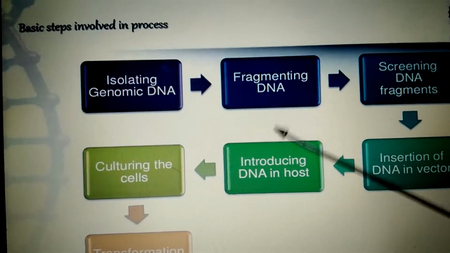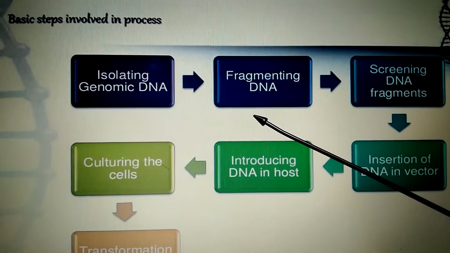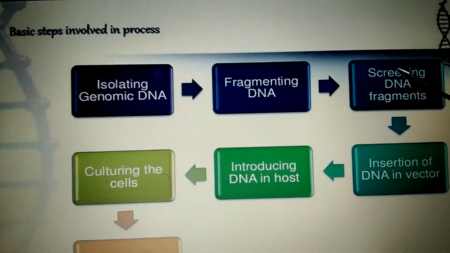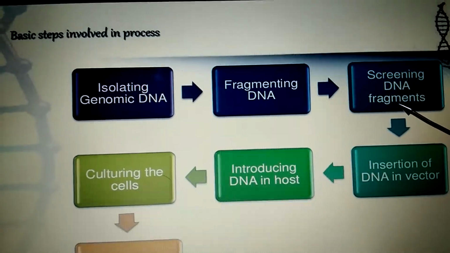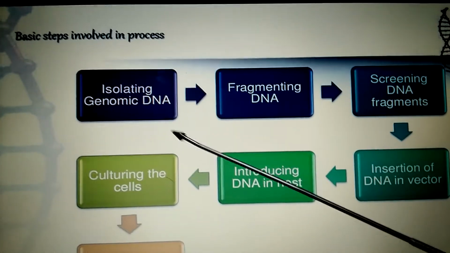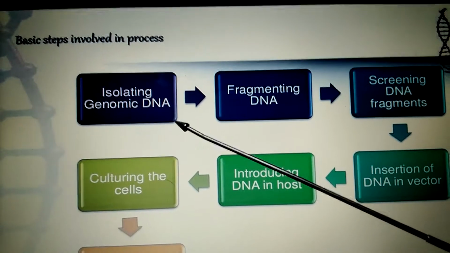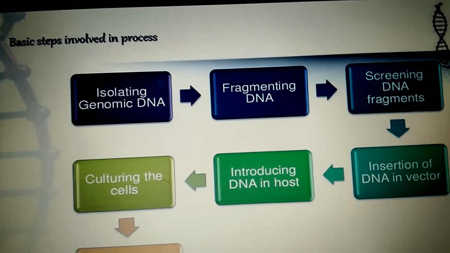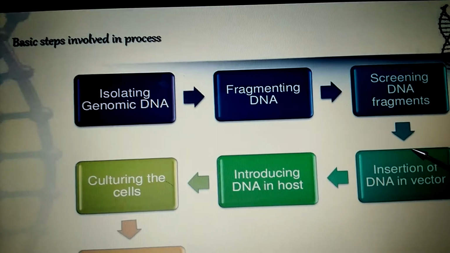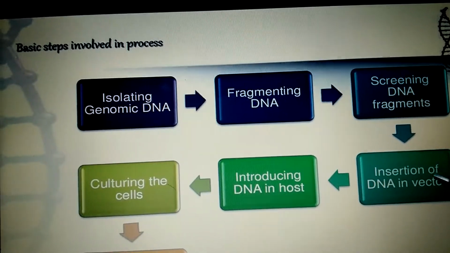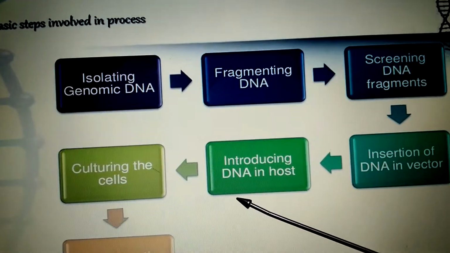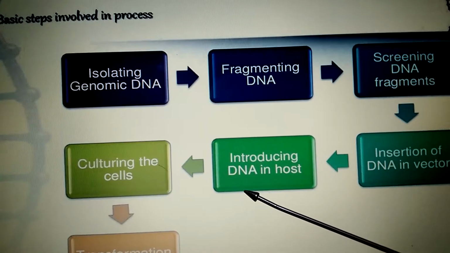It is then fragmented into small pieces, and then the screening of those recombinant DNA, the screening of the small fragments of DNA is done, with which small fragments which has the desired genomic DNA, which has the desired gene content or the nucleotide base pairs are present, that fragment of DNA is inserted into the vector such as plasmid, which is then introduced into our host for the process of replication.